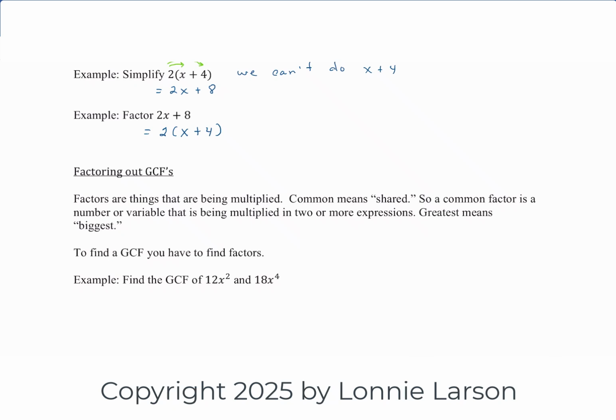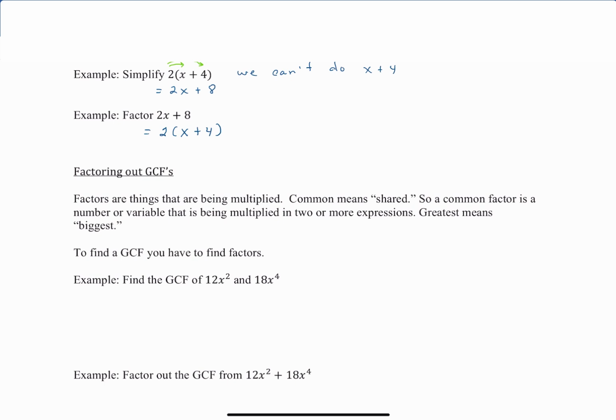Next, we'll talk about factoring out greatest common factors. By the way, GCF is an abbreviation of greatest common factor. There's some terminology involved here. First of all, factors are things that are being multiplied.